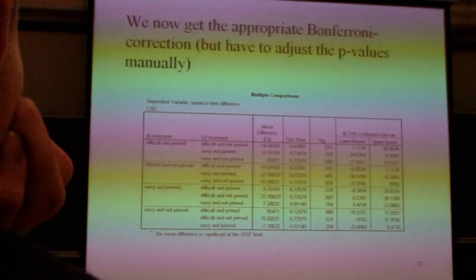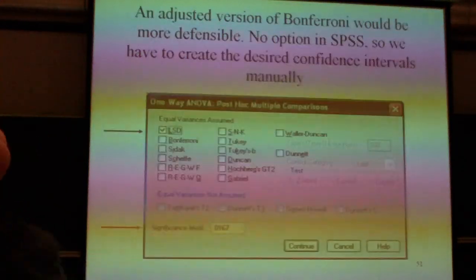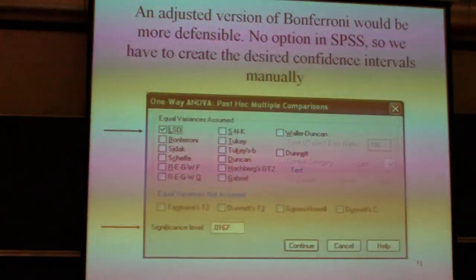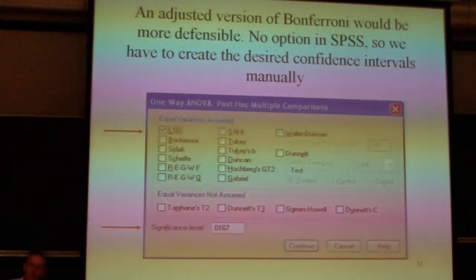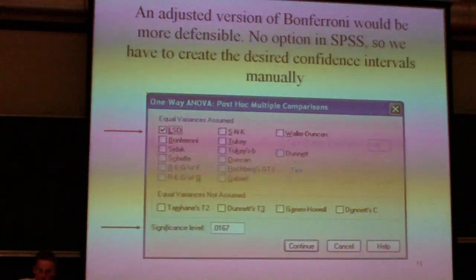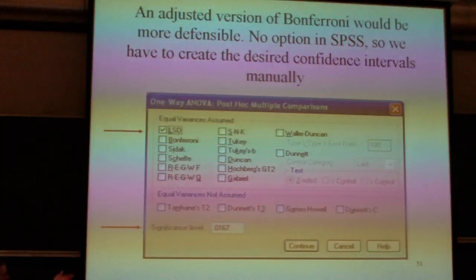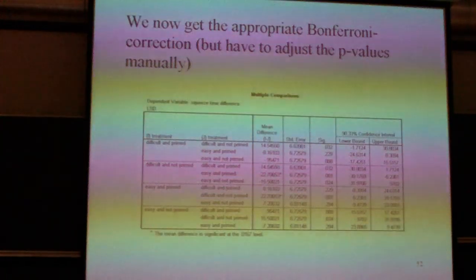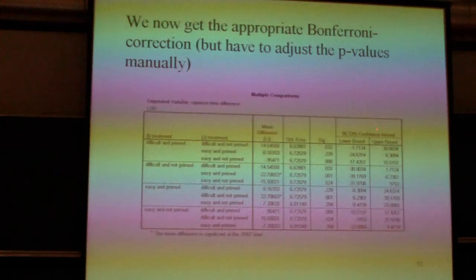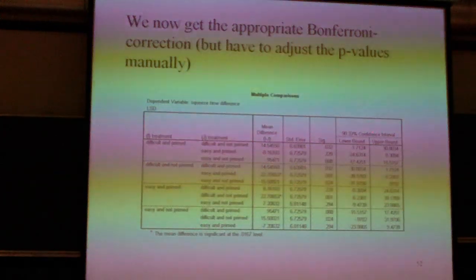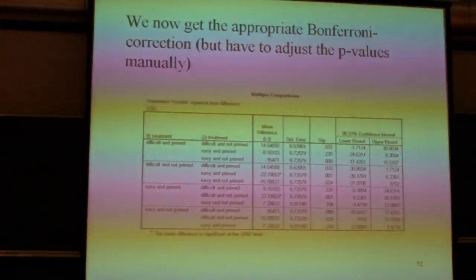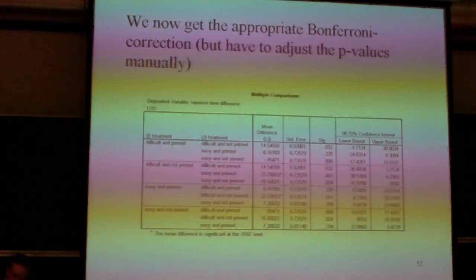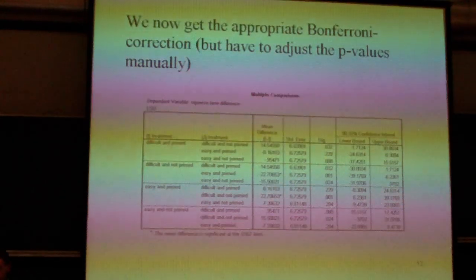Now, by adjusting this particular significance level by dividing the alpha level by the number of pairwise comparisons that we haven't corrected for yet, so by doing the adjusted Bonferroni correction, if we order the LSD, what we get effectively is a 95% simultaneous confidence interval according to the adjusted Bonferroni correction.